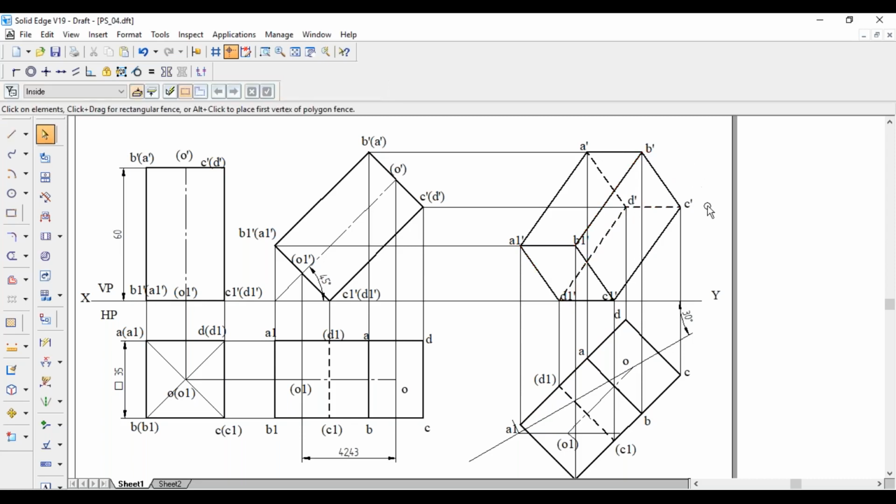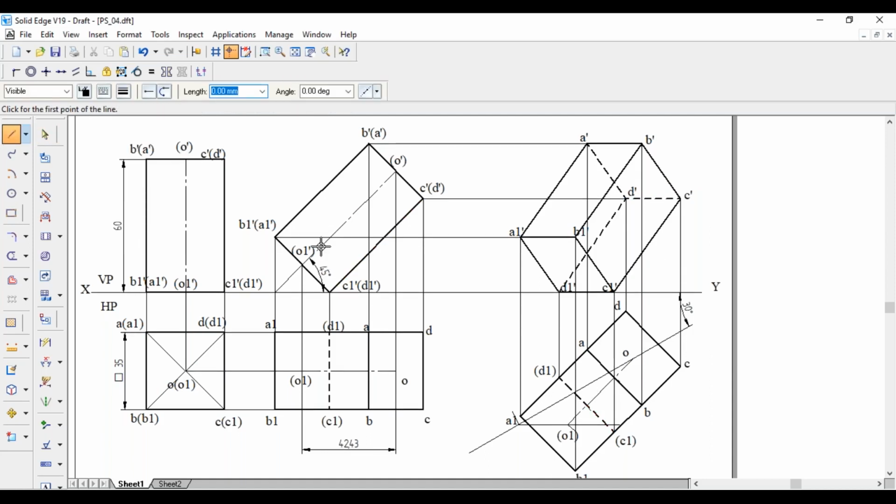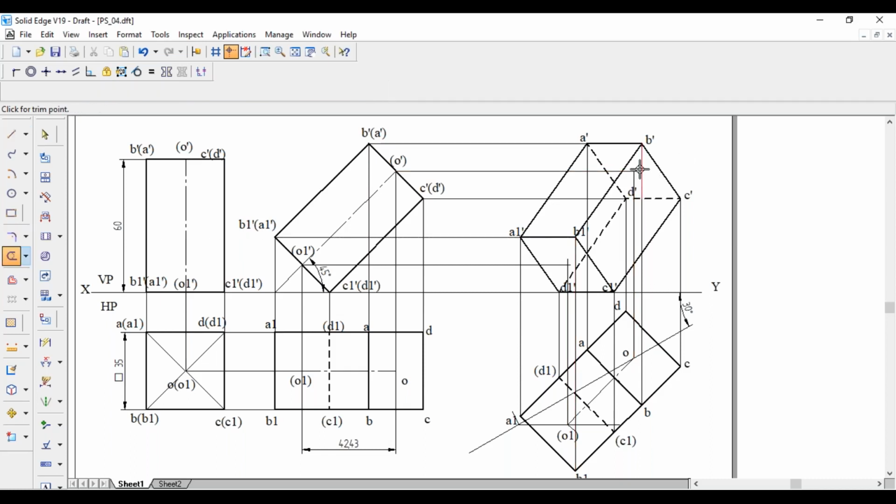Now moving to the axis. So the axis is not coinciding with any other edges.